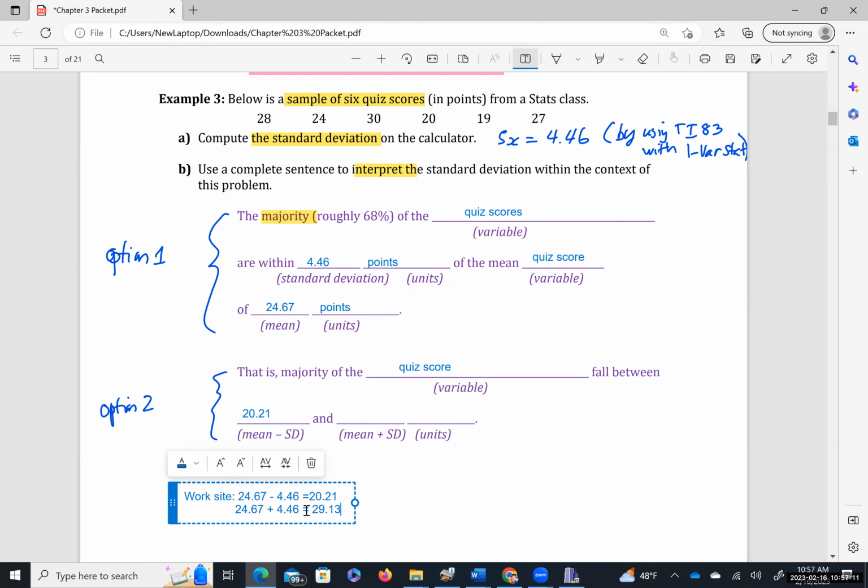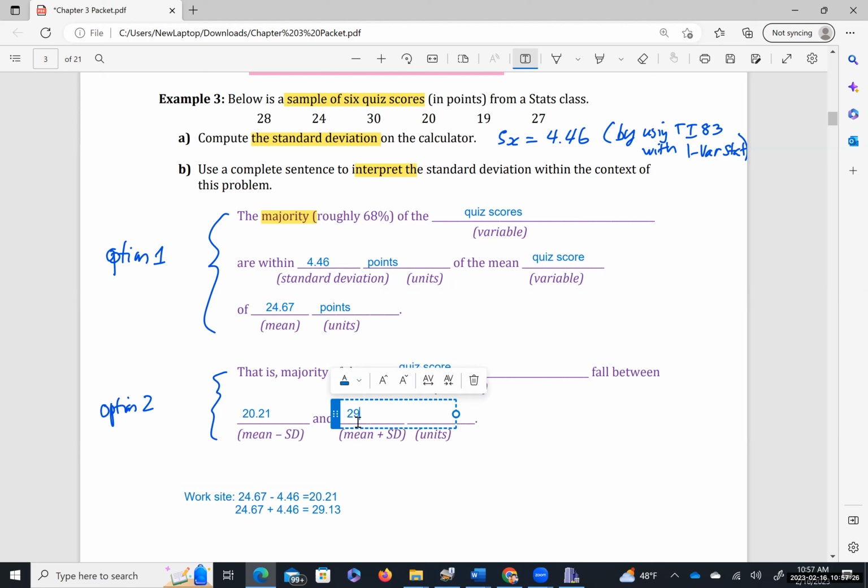So for the other side, you're going to say 29.13. And the units are going to be just points. So the majority of the quiz scores fall between 20.21 and 29.13 points.